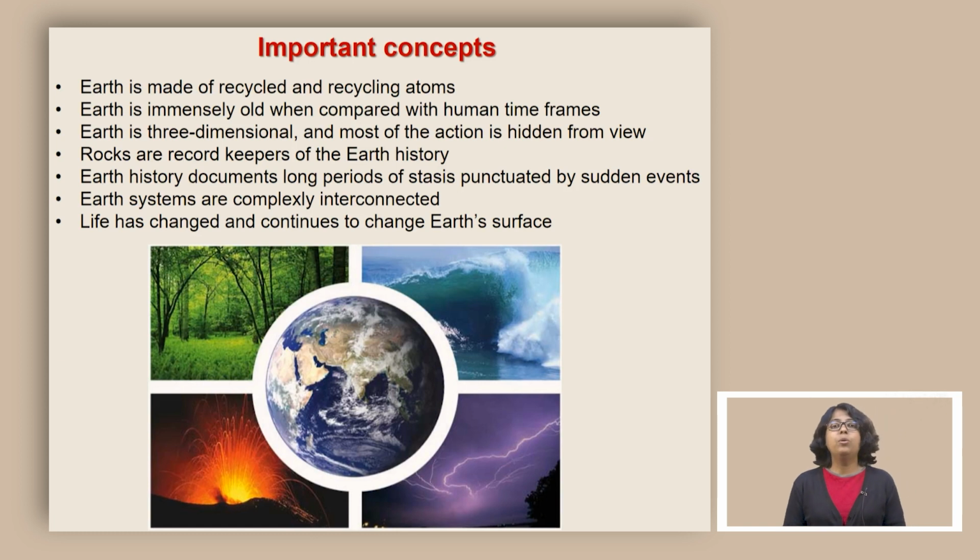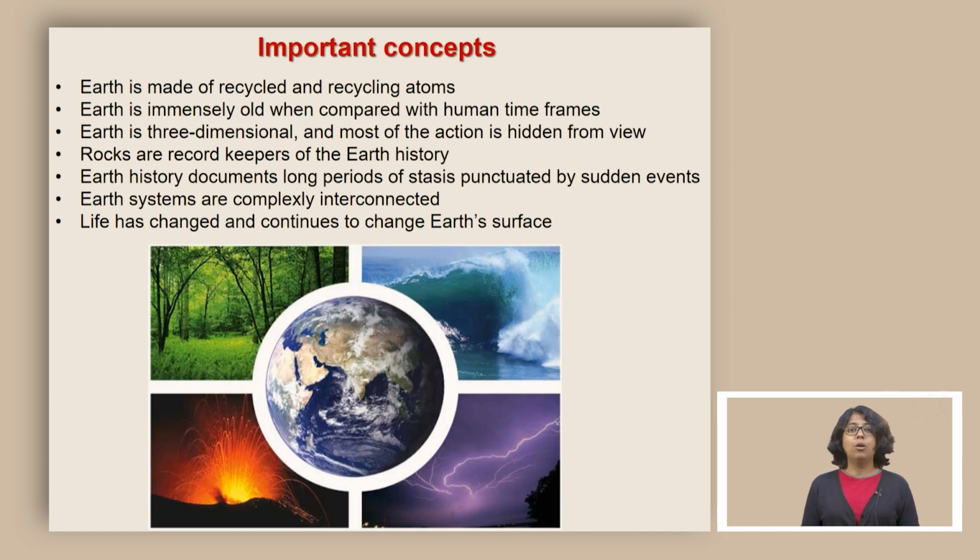So, there are a few important concepts of earth science that we will be using. The first one is the earth is made up of recycled and recycling atoms. All the atoms that are being used were developed at a certain point of time long back in history, and they are going through phases, and they are basically remnants of those very old processes.